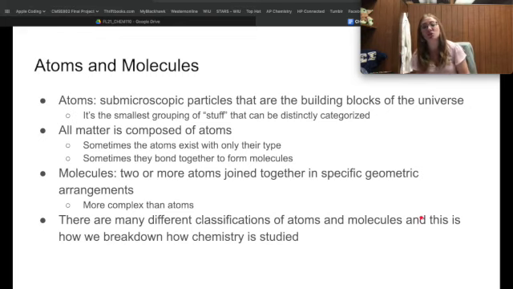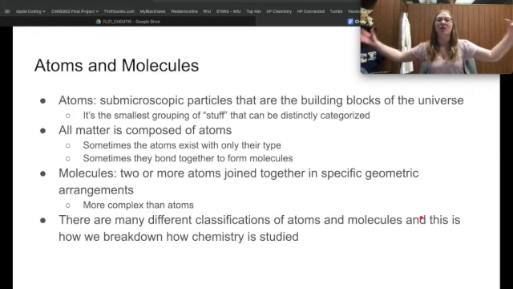Molecules are two or more atoms joined together in specific geometric arrangements. So they're much more complex than atoms, and therefore they behave differently than atoms do. Molecules behave differently from each other, and we can get some information from the atoms that make them up, how those atoms interact with each other and form those chemical bonds, to think about the shape of that molecule, and then therefore some of the wider and broader properties.